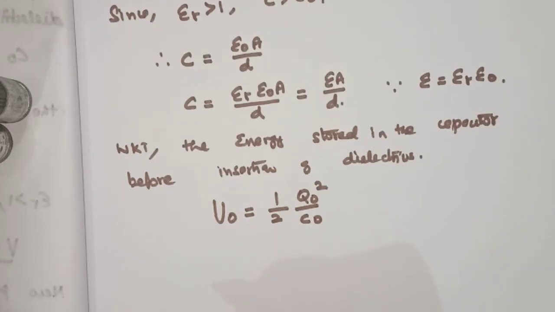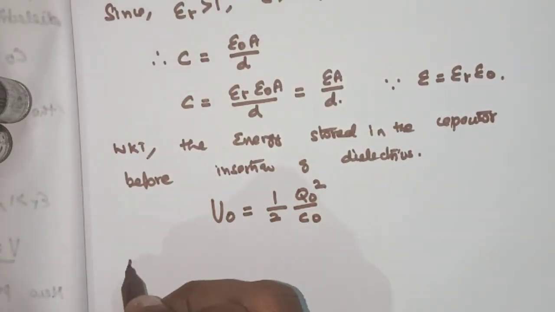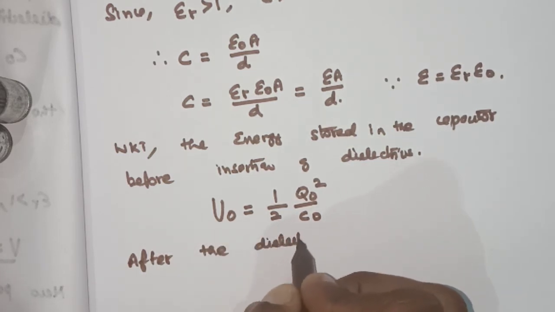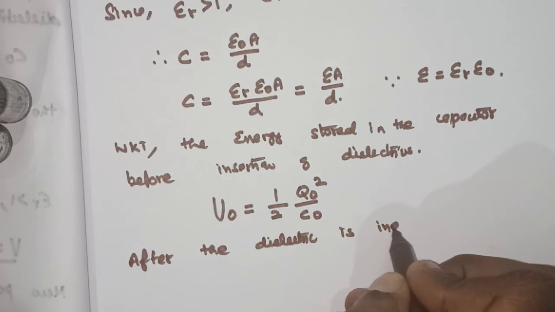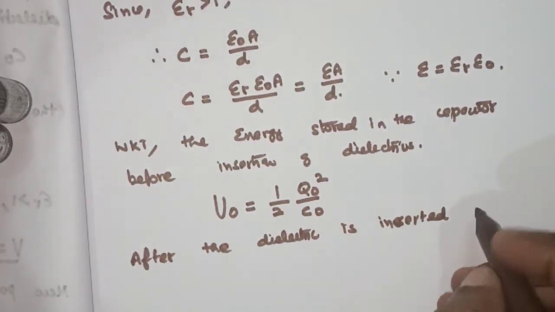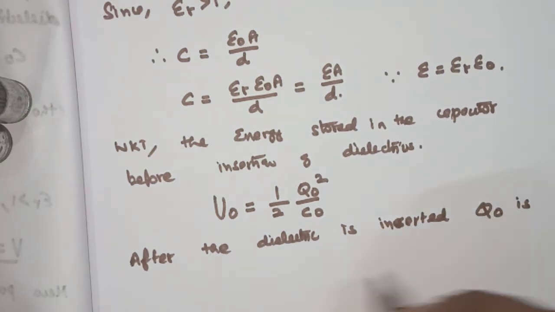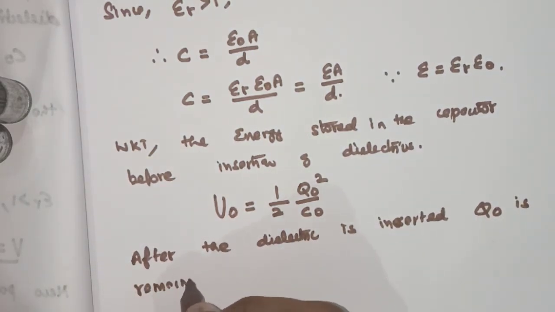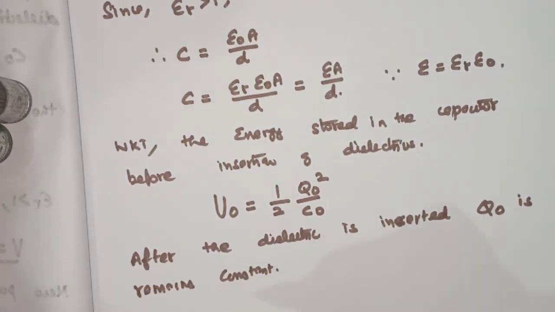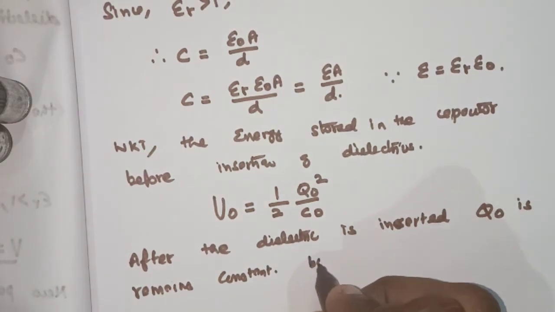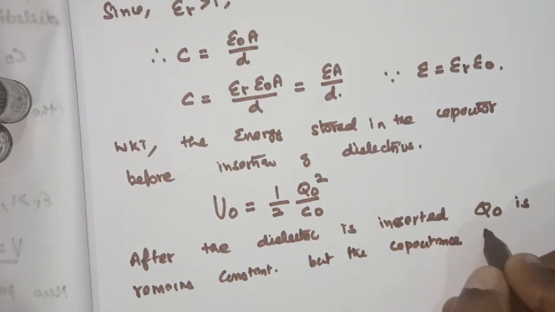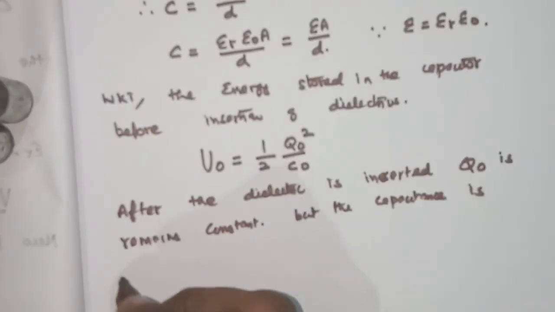After the dielectric is inserted, the charge Q naught remains constant, but the capacitance increases.